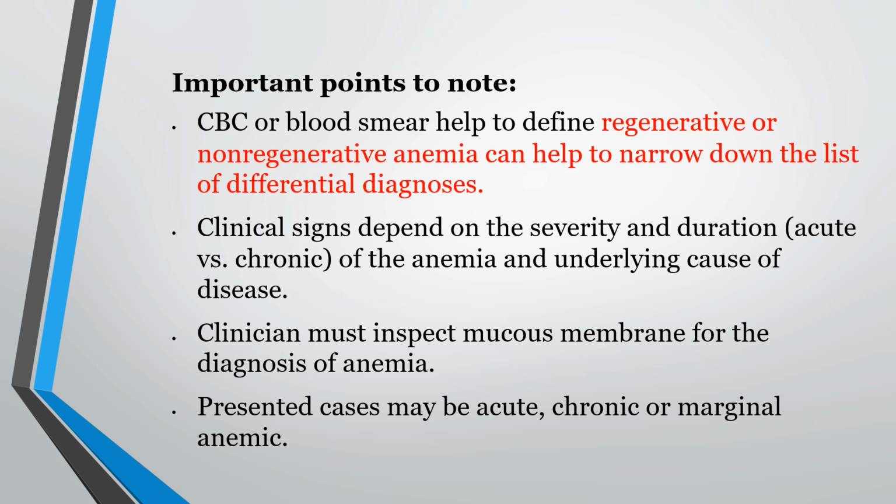Third, very important, the clinician must inspect the mucous membrane for the diagnosis of anemia. Acute can be visible, but sometimes chronic, subclinical or marginal cases require experience. The presented case may be acute, chronic or marginal anemia. So about 30 to 40% of cases are from chronic to marginal anemic or subclinical.